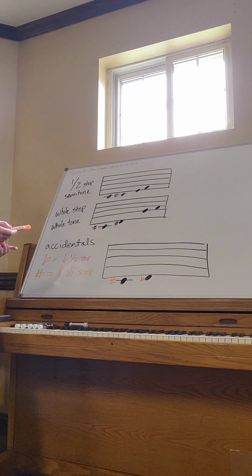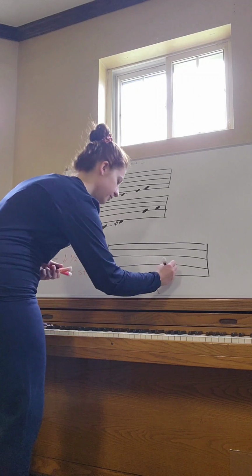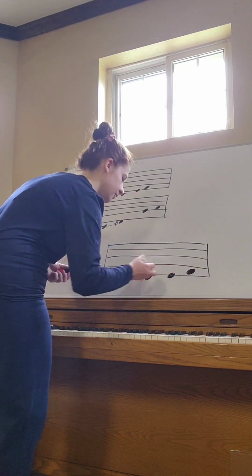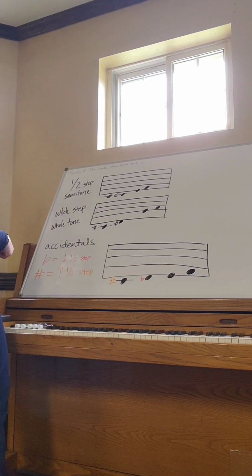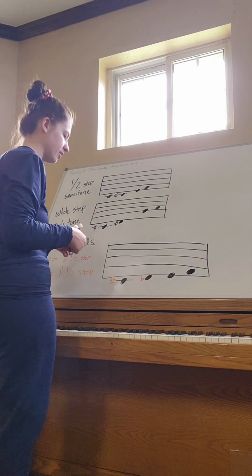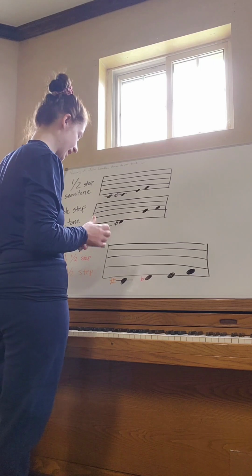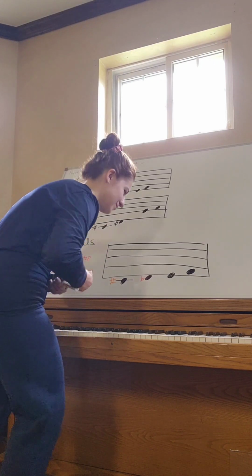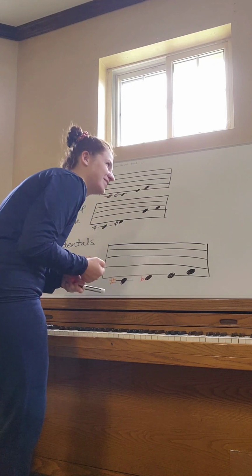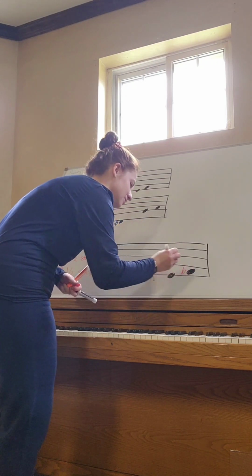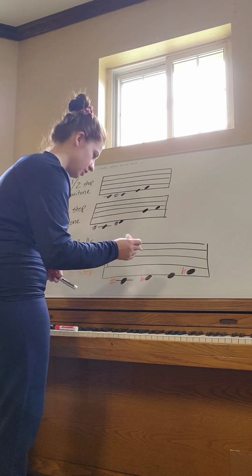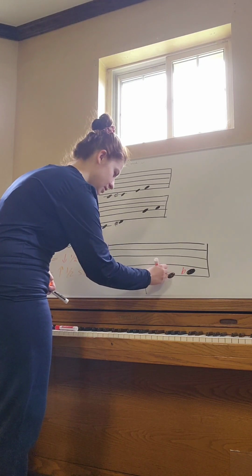Another popular example of this is E and F. E could be called F flat, and F could be called E sharp.